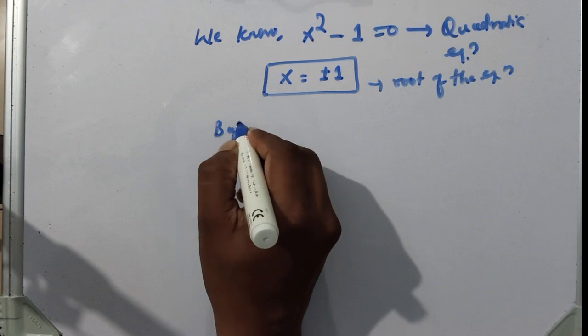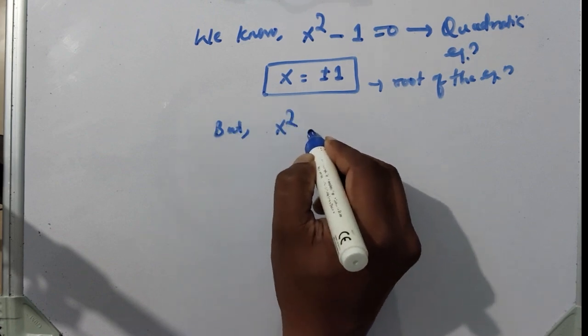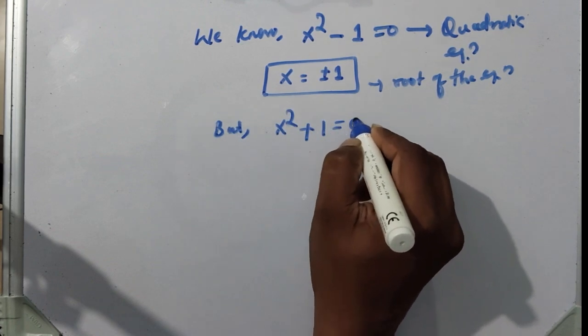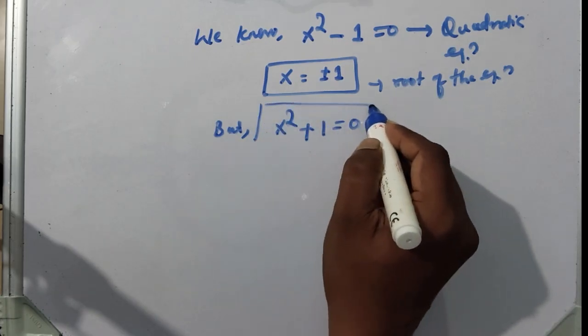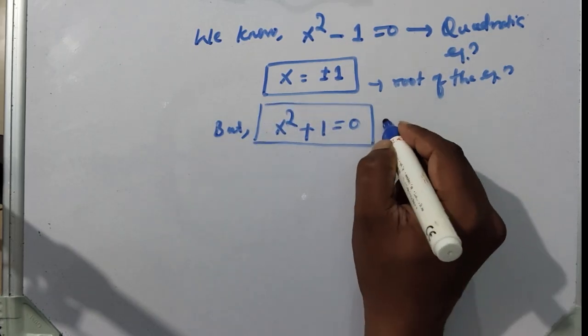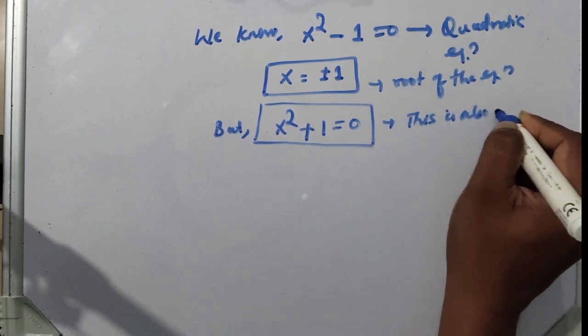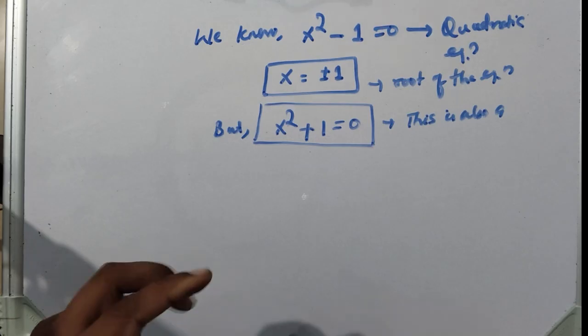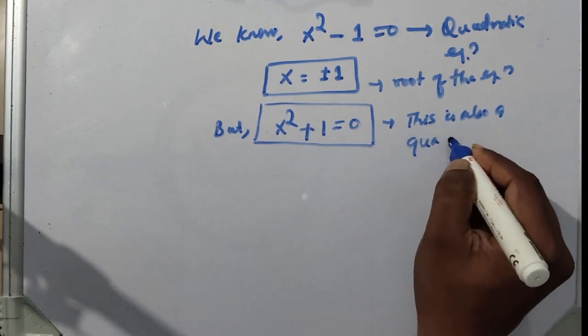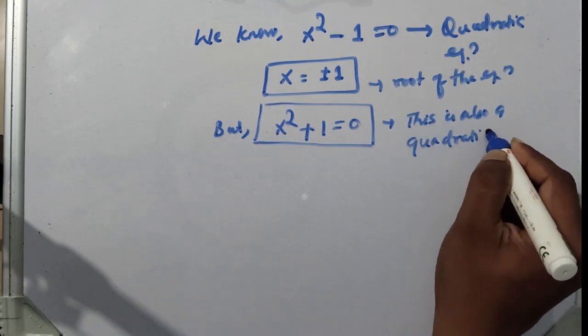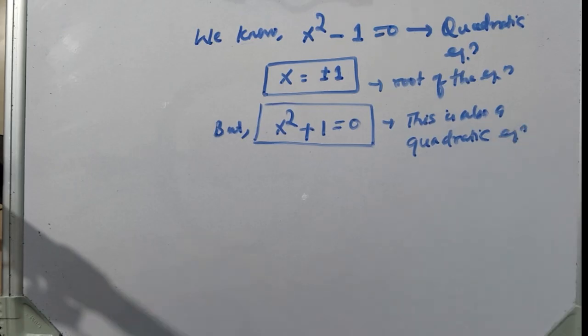But suppose we have an equation x square plus 1 is equal to 0. Is it a quadratic equation or not? This is also a quadratic equation. Then what is the root of this equation?